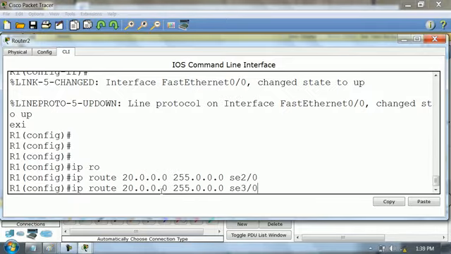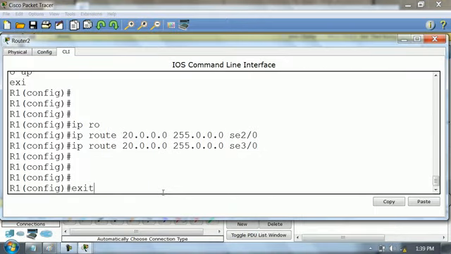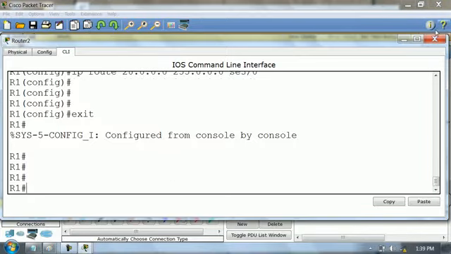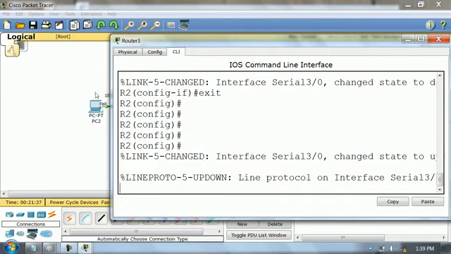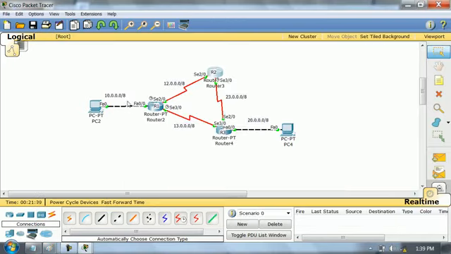Why will it change? We are defining the route for the same network. Fine. Any problem? Now we will move on to R2. How many routes do we have to define? 2. One for the 10s network, the other for the 20s network.